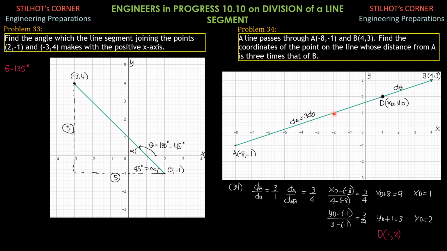So the midpoint of AB is (-2, 1), while D is the midpoint of this midpoint and B. So xD is 1/2 of negative 2 plus 4, so that is 1. And yD is 1/2 of quantity 1 plus 3, which is 2. So it checks. That's the easier solution instead. So that's it for this video.